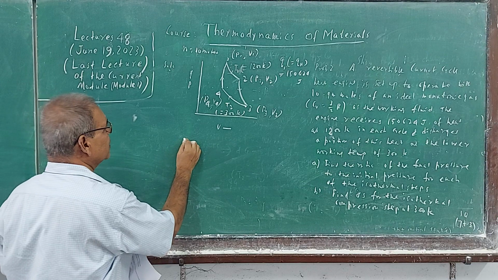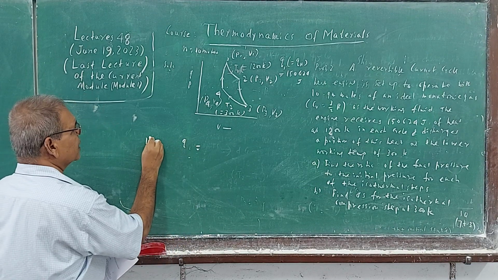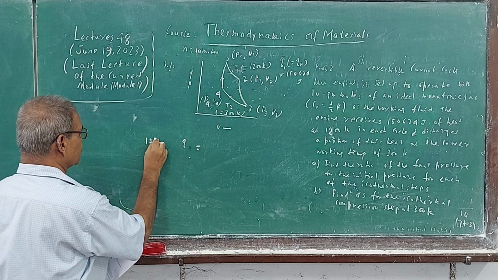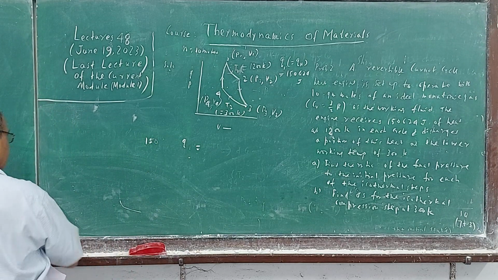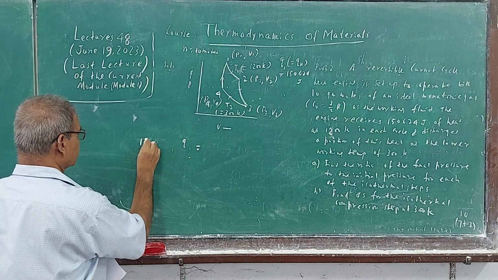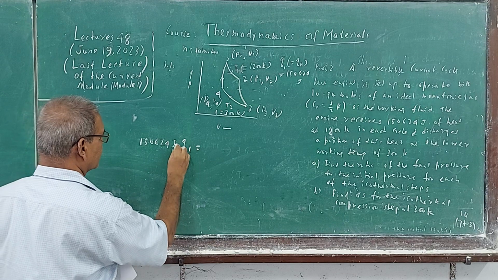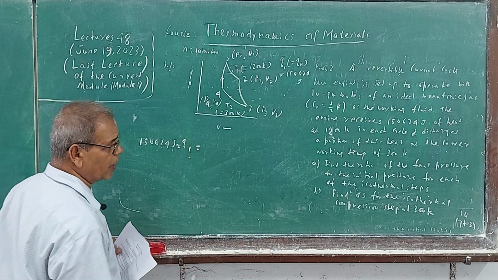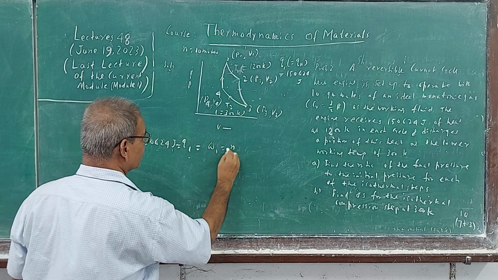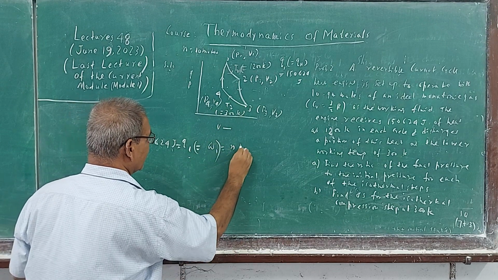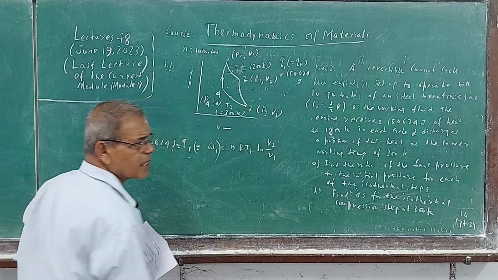Q1 is 150,624 Joule, and Q1 equals W1. W for the isothermal is nRT1 ln V2 by V1.